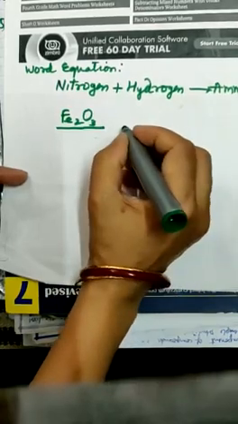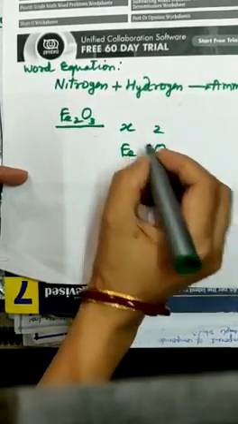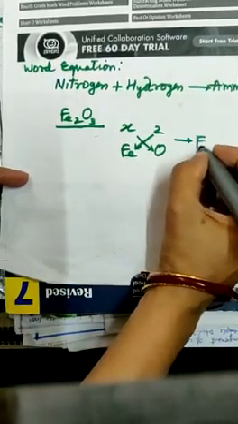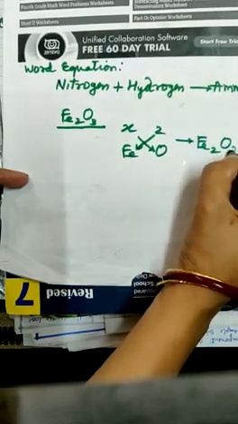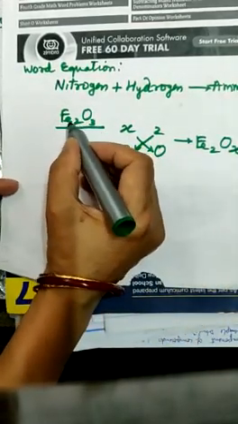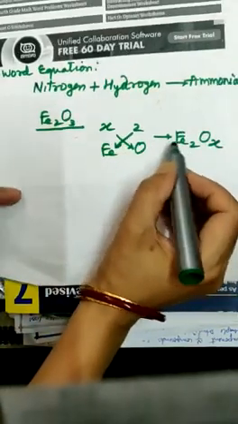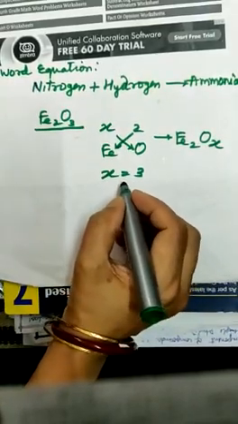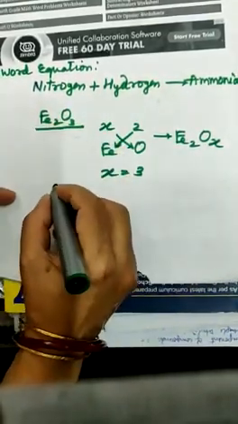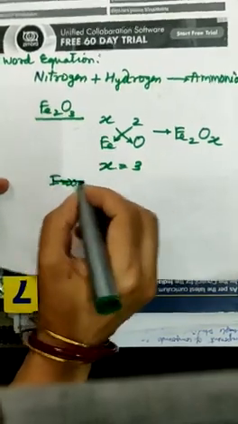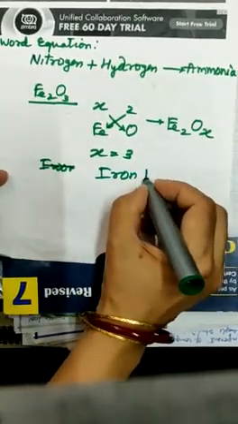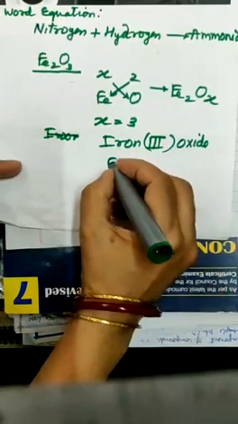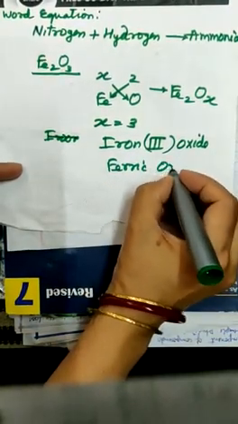Then FeXO2, then after exchanging the valency, the formula will come Fe2OX. Now compare with the final formula Fe2O3, here Fe2OX. It means X is 3. If X is 3, it means this is iron 3 oxide, or we can also say it to be ferric oxide.